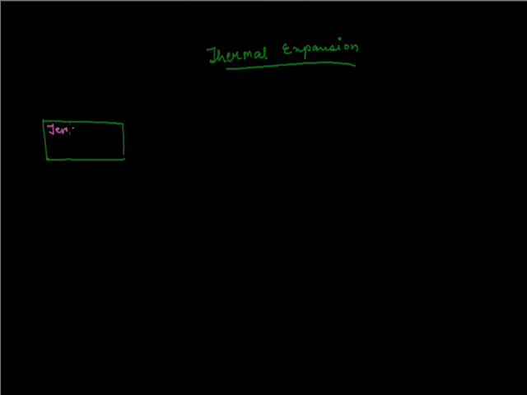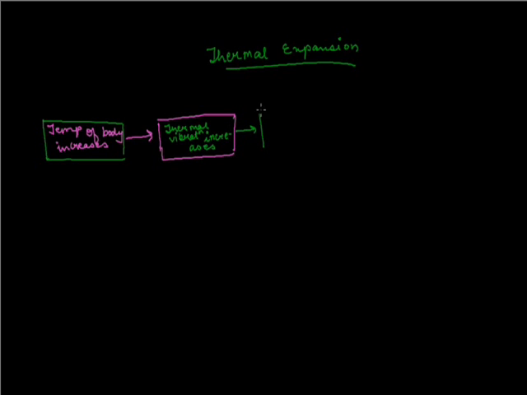That is, when the temperature of the body increases, then the thermal vibrations of molecules increase. Next, if the thermal vibrations increase, then the rate of collisions between the neighboring molecules increases.